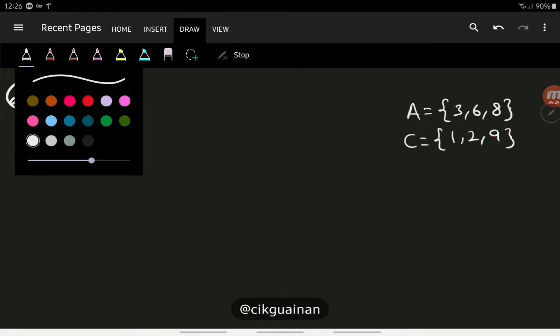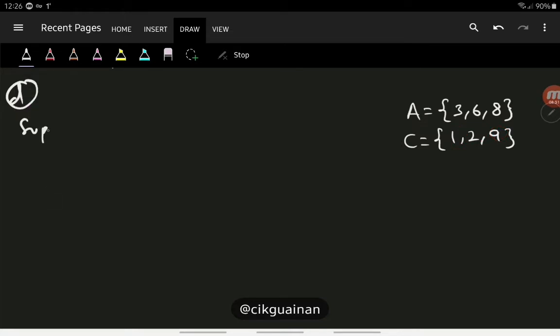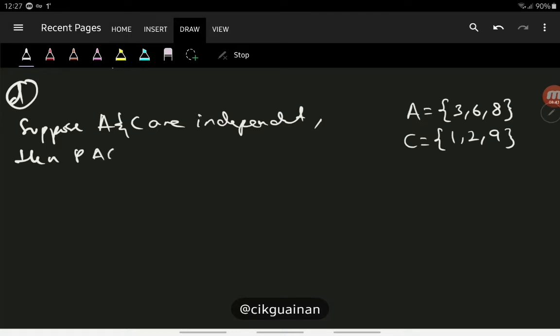Now, suppose A and C are independent. Okay, then P(A intersect C) equals P(A) multiply P(C).